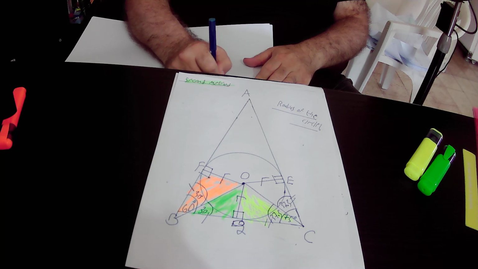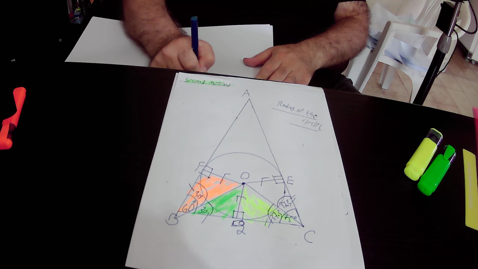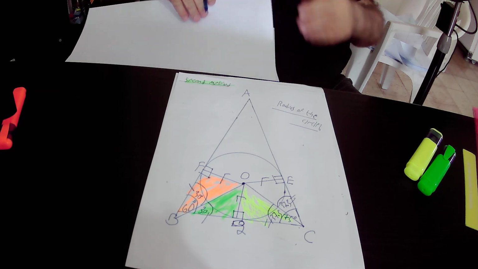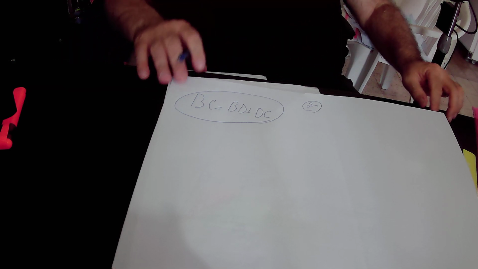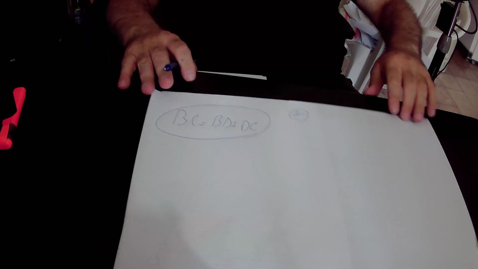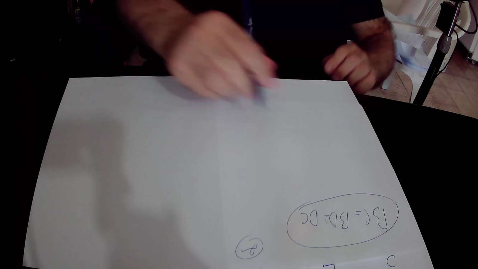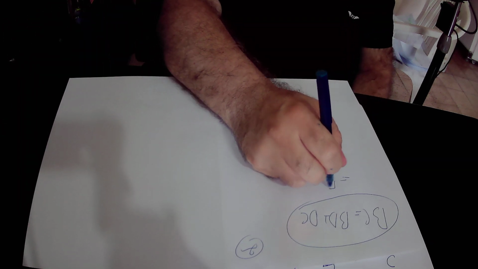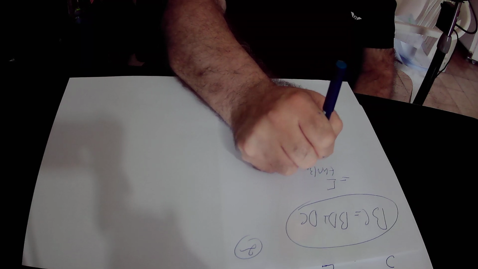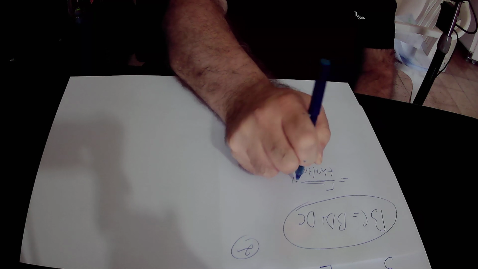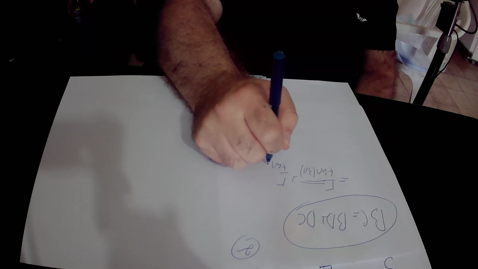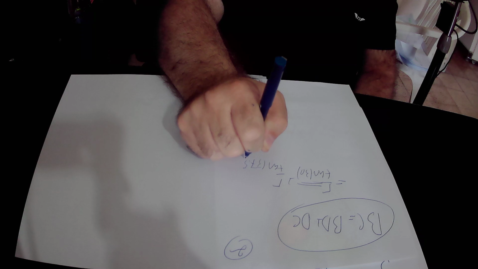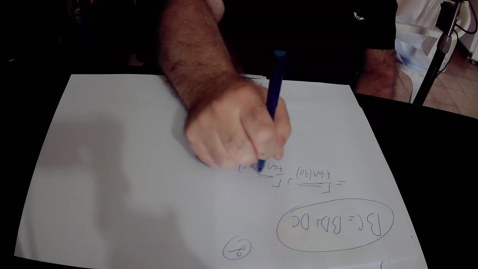So BC equals BD, that is actually equal to R over tangent 30 degrees according to what we have already found out, plus DC, that is equal to R over tangent 37.5 degrees according to what we have already found out.